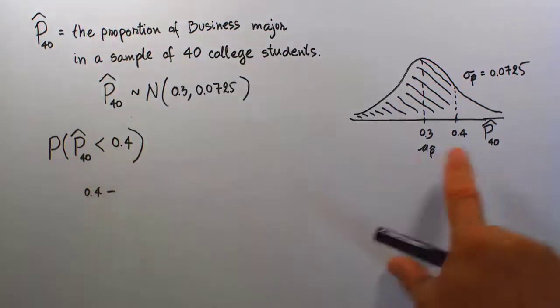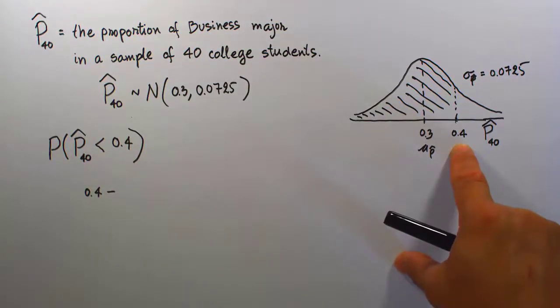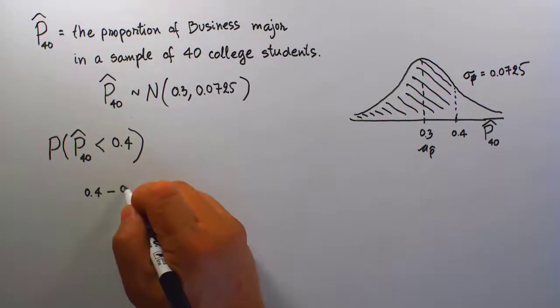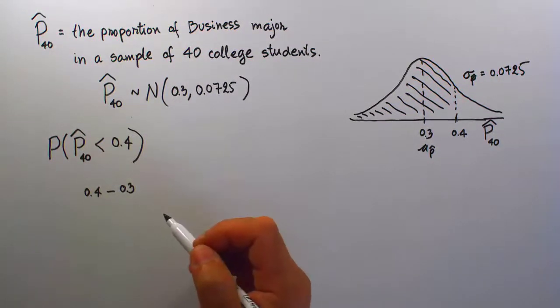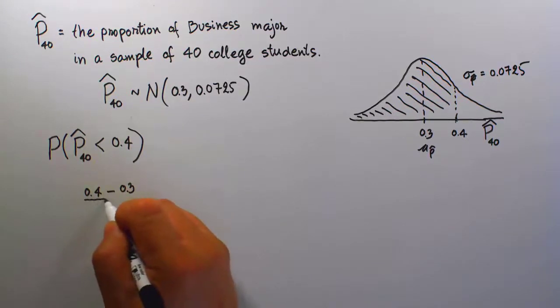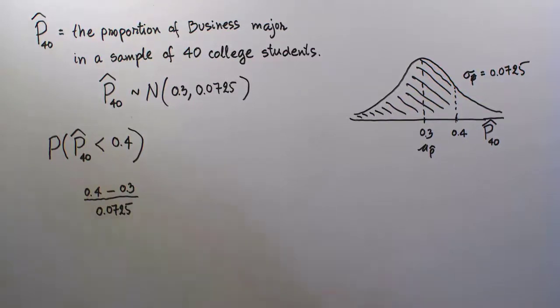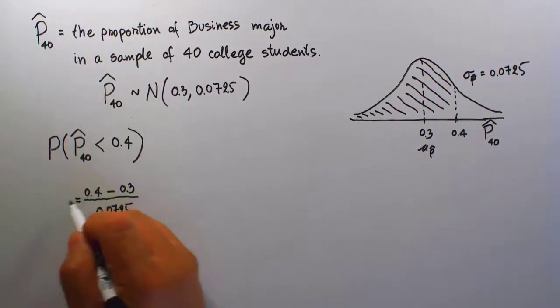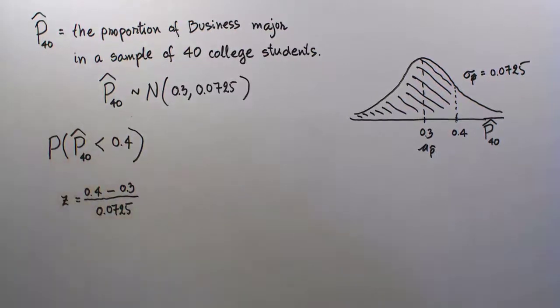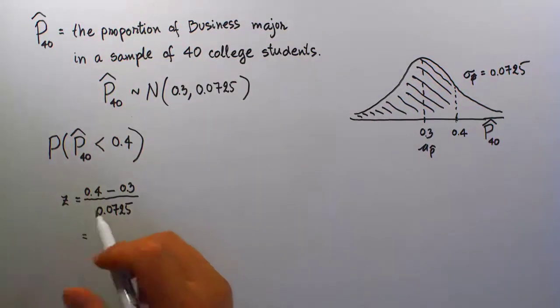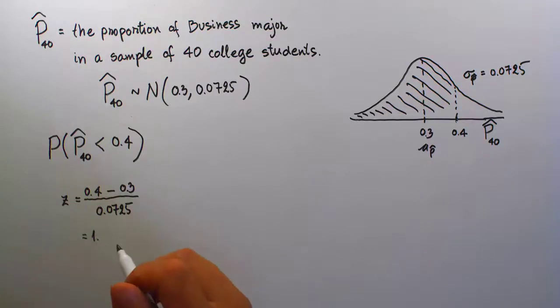So 0.4 minus 0.3, the center of the bell curve, divided by the standard deviation, 0.0725. This is the z-score for this value. The calculation comes out to, in two decimal places, which is usually what I take for z-score, 1.38.